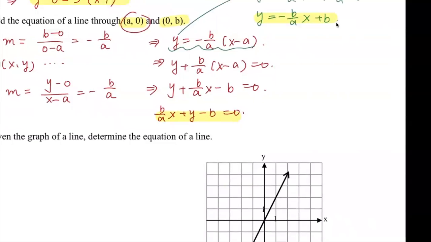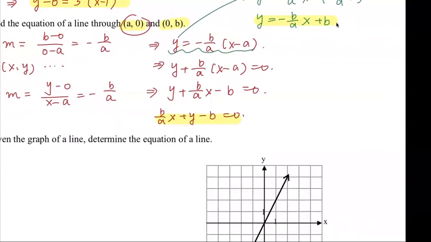What if I tell you minus b over a is equal to m? And this will be y is equal to mx plus b. And this is the slope-intercept form.